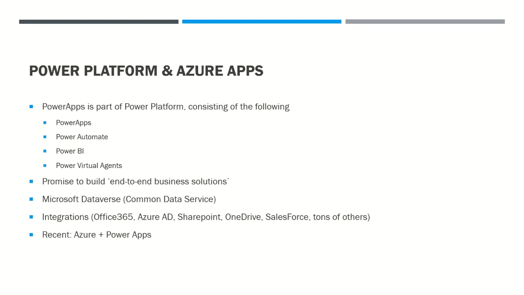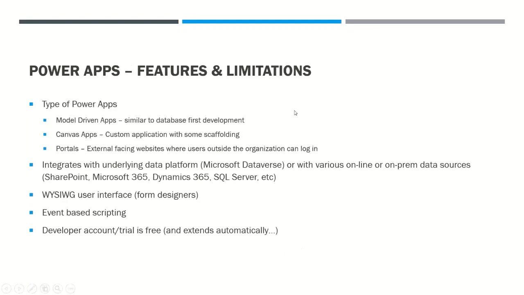So this is something that is new and upcoming. The idea is to move away from traditional development and do everything on the cloud, not just the deployment and the operations, but the development as well. Okay, so this is a bit of background of the big picture of Power Apps and where they fit in the Power Platform and Azure altogether. All right.